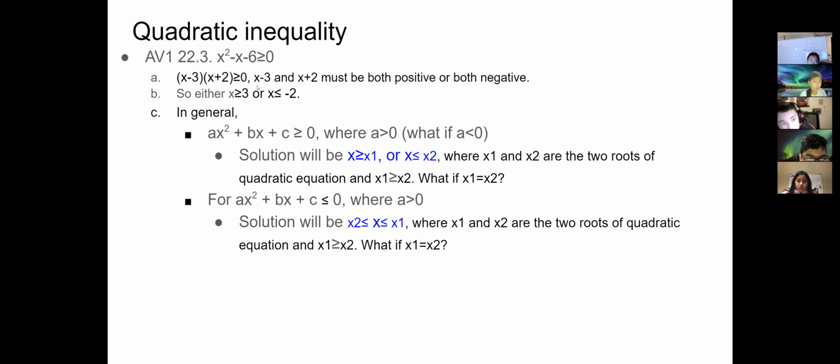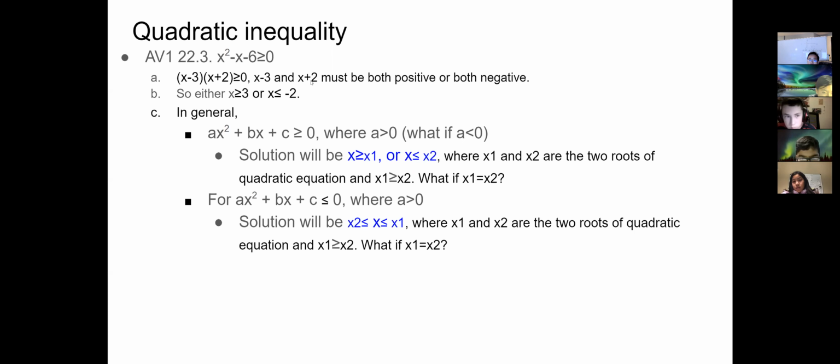Then these two factors must be both positive or both negative, right? If we want both positive, what will be the range of x? Speak up if you can. x must be greater than 3 and x must be greater than what here? -2.